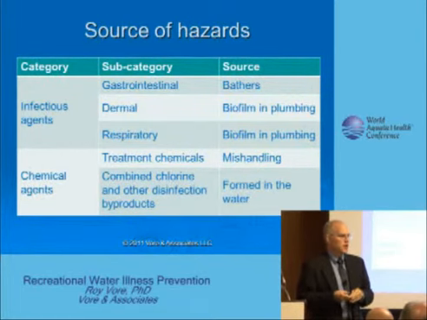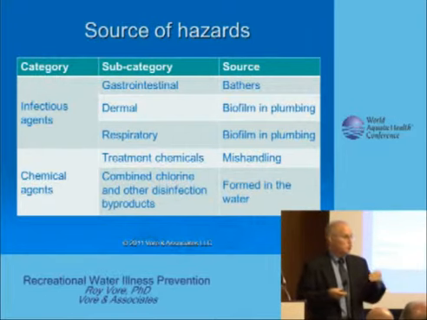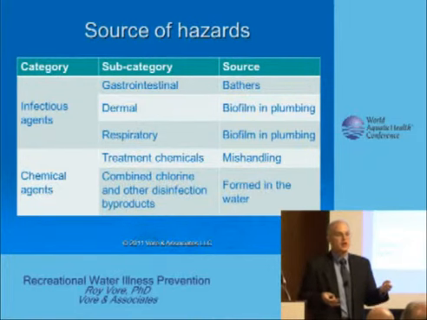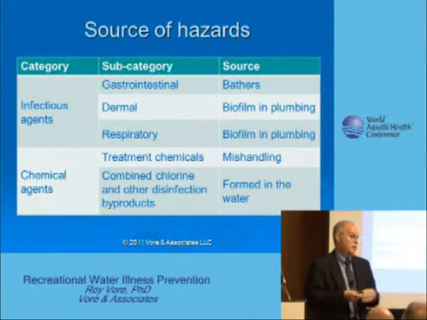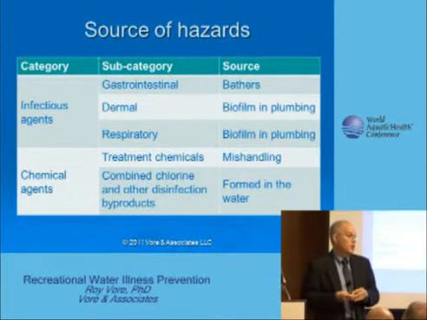Pseudomonas and Legionella are coming from the biofilm. Treatment chemicals: mishandling of treatment chemicals, combining trichlor and cal hypo and getting a bomb going off, or outgassing a chlorine gas leak. There are a number of cases we're now tracking through the CDC.